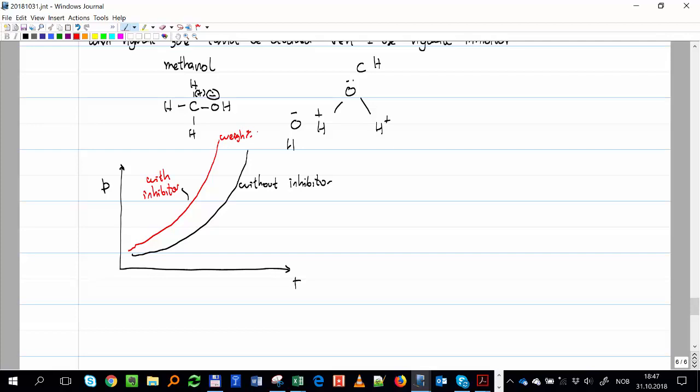Typical numbers are 40% up to 60% on the water. Okay, so that means the mass flow of the inhibitor divided by the mass flow of the inhibitor plus the mass flow of the water, that is a number between 0.4 and 0.6. Okay, it's within that range.